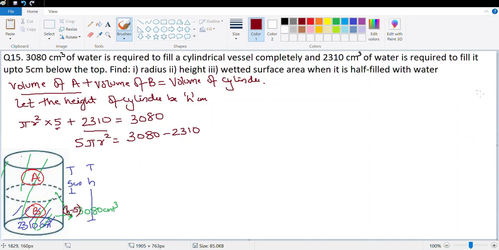Let's do this calculation. 3080 minus 2310, that's 0, 8 minus 1 is 7, 10 minus 3 is 7. So this is equal to 770.